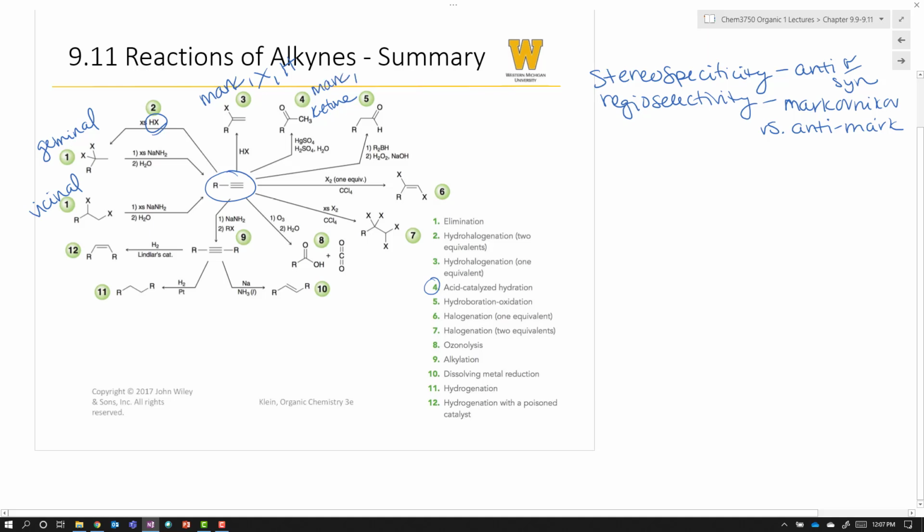So you're adding 2 different groups. You're going to have an OH adding on to the more substituted carbon and a hydrogen. And so you form your enol, and then it tautomerizes into the ketone. Reaction 5 is a hydroboration oxidation reaction. And so you're forming an aldehyde.